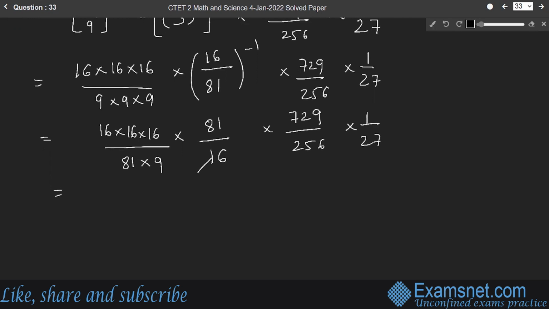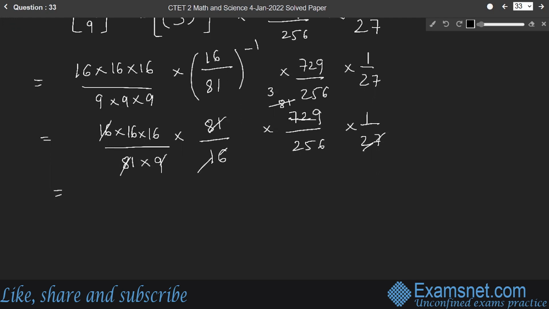Here 16 and 16 will get cancelled, 81 and 81 will get cancelled. So here 9 into 81 is 729. So 27 into 3 is 81.